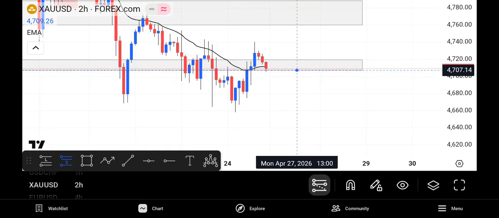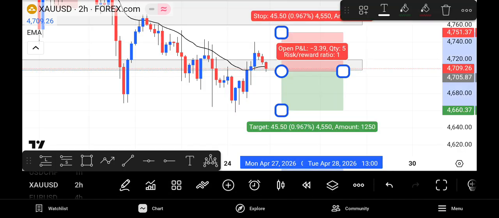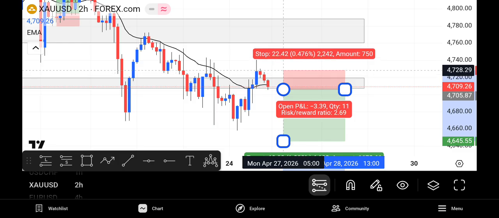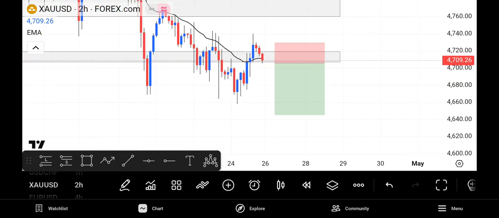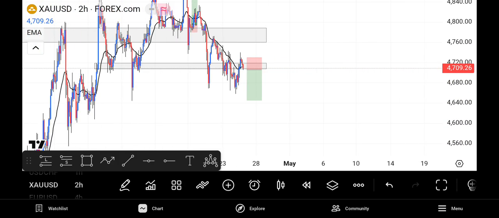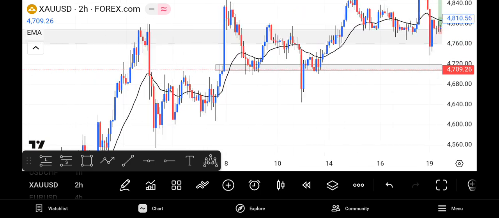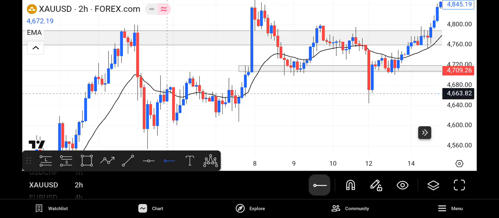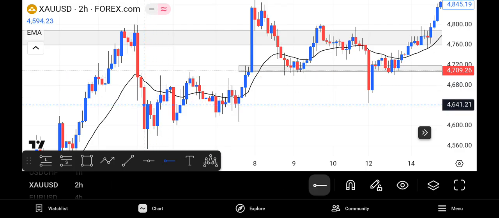So I'll be setting my short position right here on gold, but I'm not going to do anything until I see a clear confirmation to take the trade on gold right there. So how do I know my take profit points? I will come back to the previous trade right here. You can see this point right here is very well respected on the lower time frame.